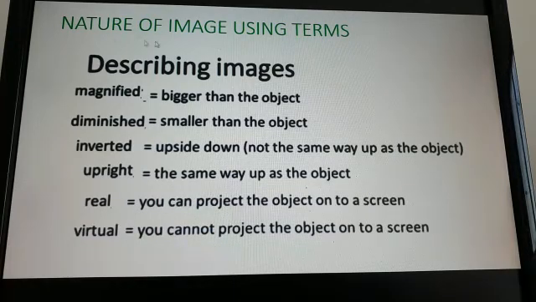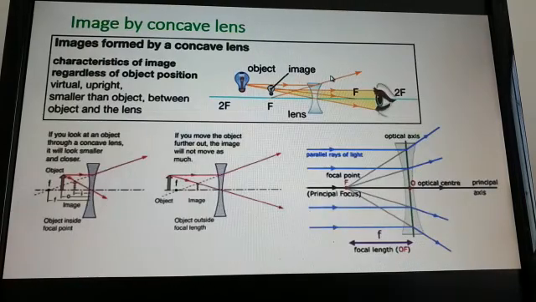These are the meanings of the words used in image formation. Now, the image by a concave lens. The characteristics of the image formed by a concave lens are virtual, it cannot be projected on a screen, and it is upright, smaller than the object, formed between the object and the lens.